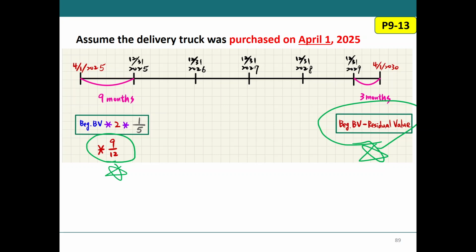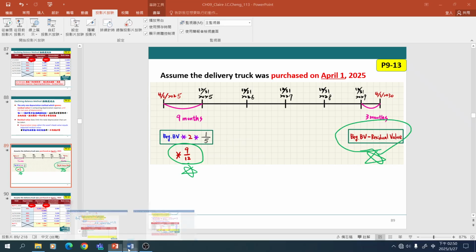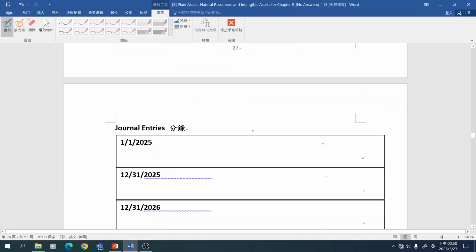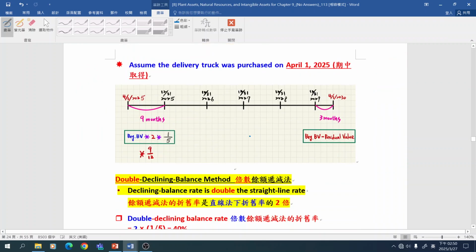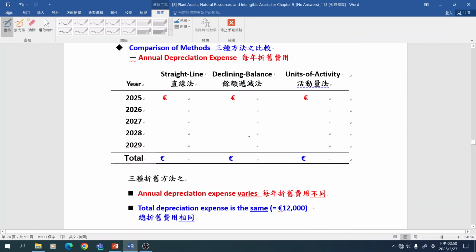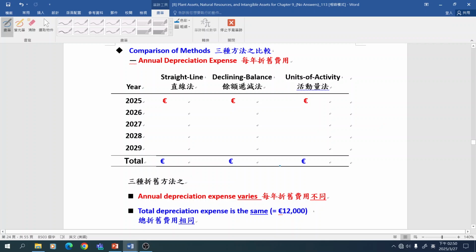If you finish page 29, please also finish page 30. On page 30, we use three methods. So we want to compare these three methods. Straight line method, the number on your page 21. Unit activity method on your page 24.